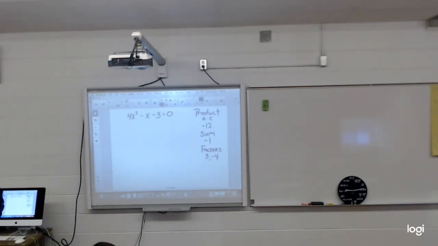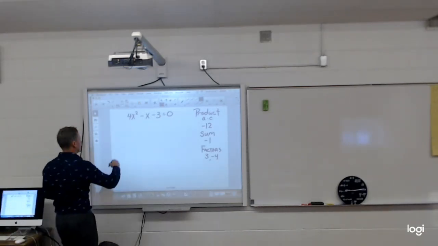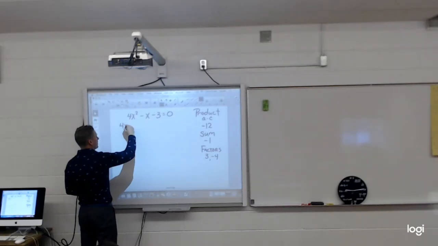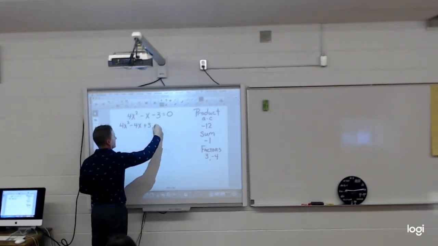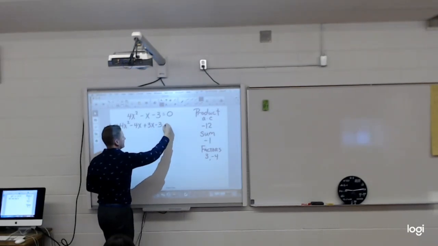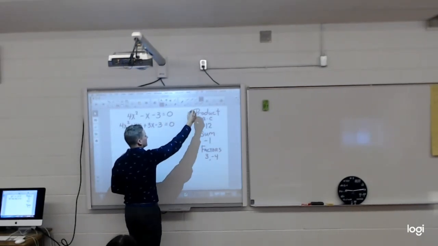Okay. Now, instead of negative x, I'm putting 3x and negative 4x in replacement of it. So I'm going to write it like this. 4x squared minus 4x plus 3x subtract 3 equals 0.